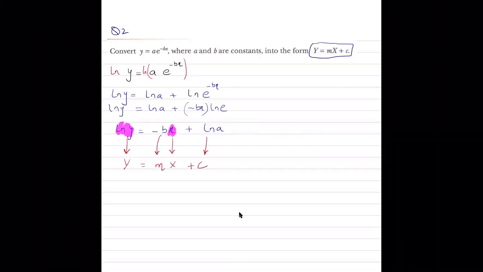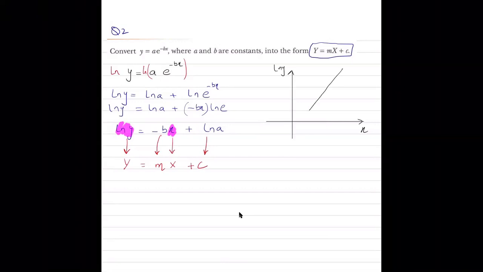So if I would have the graph, for example, of ln y versus x. If I plot ln y against x, I'm going to get a straight line.